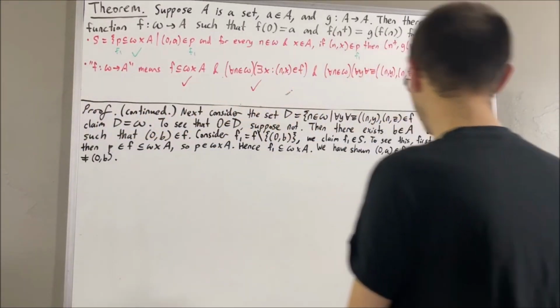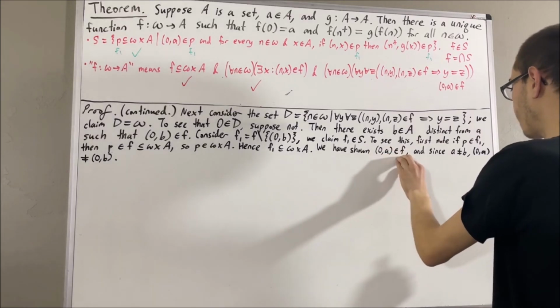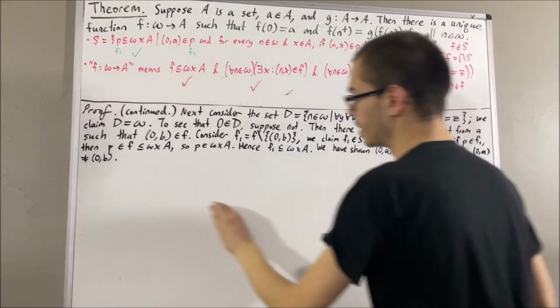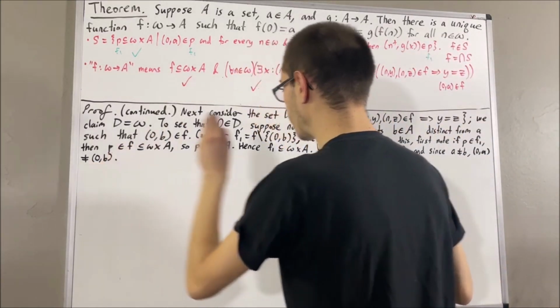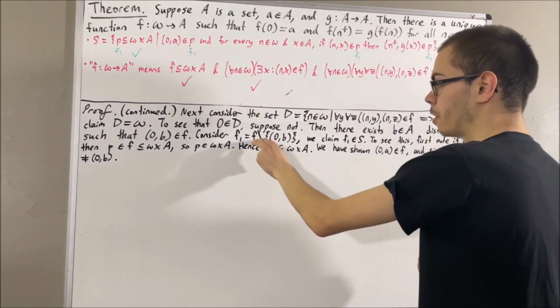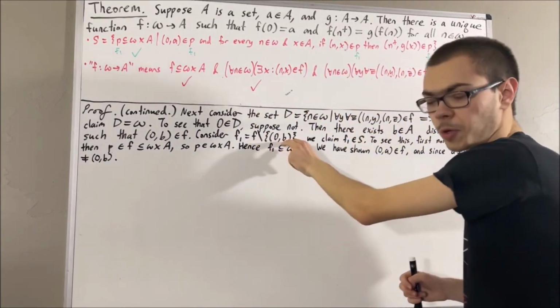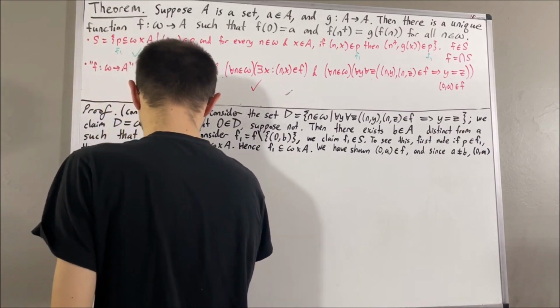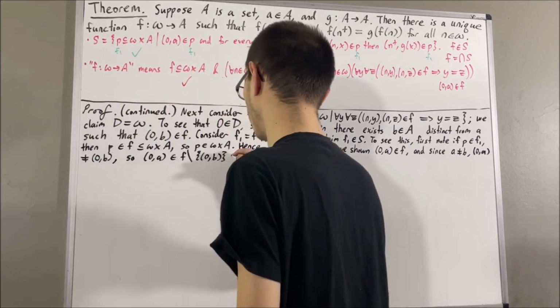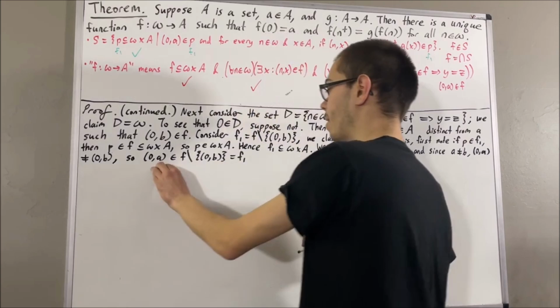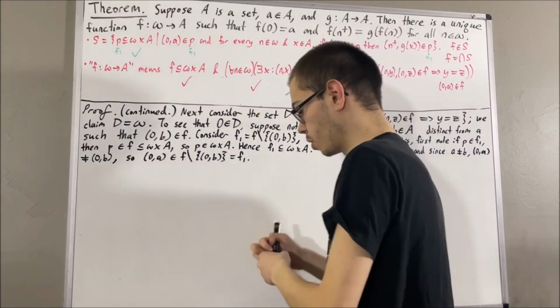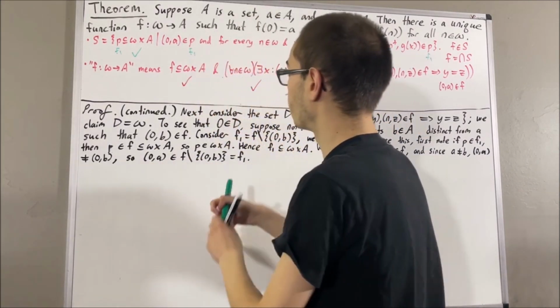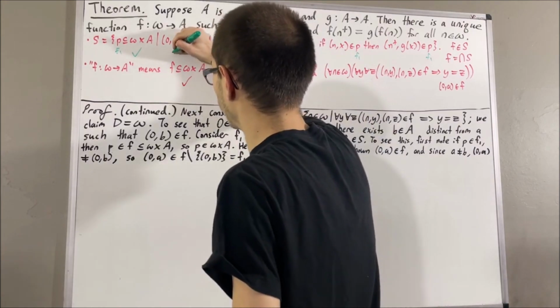So we see that (0, A) is an element of F, and (0, A) is distinct from (0, B). So (0, A) must be an element of F with the ordered pair (0, B) removed. Or in other words, (0, A) is an element of F1. So this shows that F1 satisfies this condition.